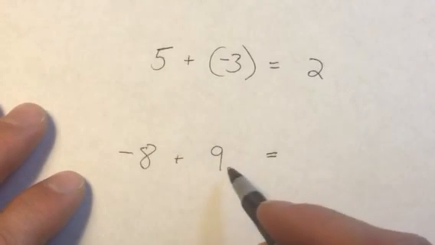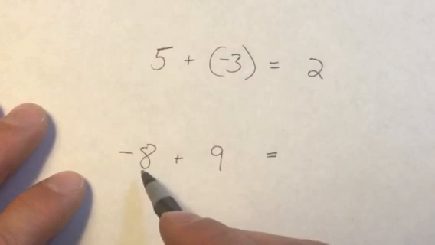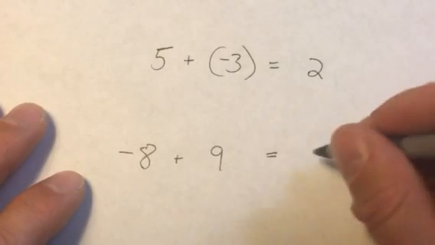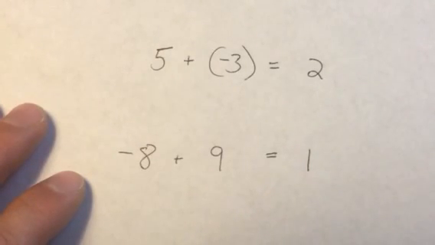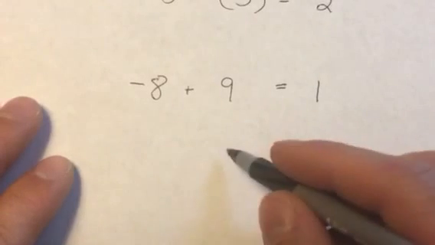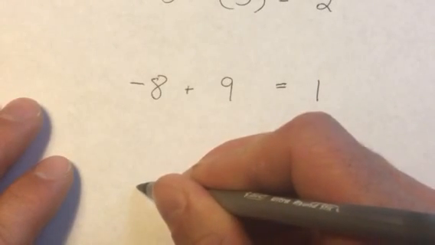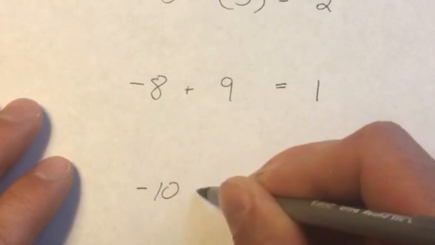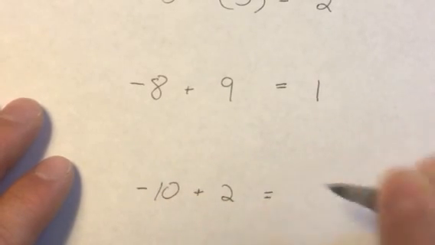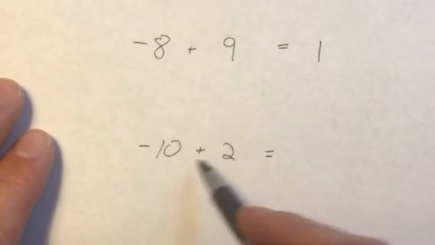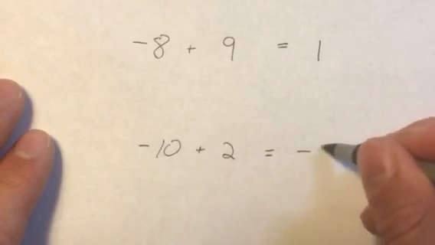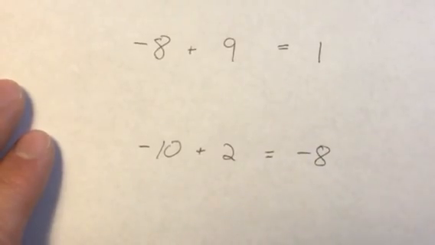Well, the 8 positives and 8 negatives would do battle with each other, leaving just 1 positive left. You could say something like this, negative 10 plus 2. In this case, the positives are vastly outnumbered, leaving you with 8 negatives left over.